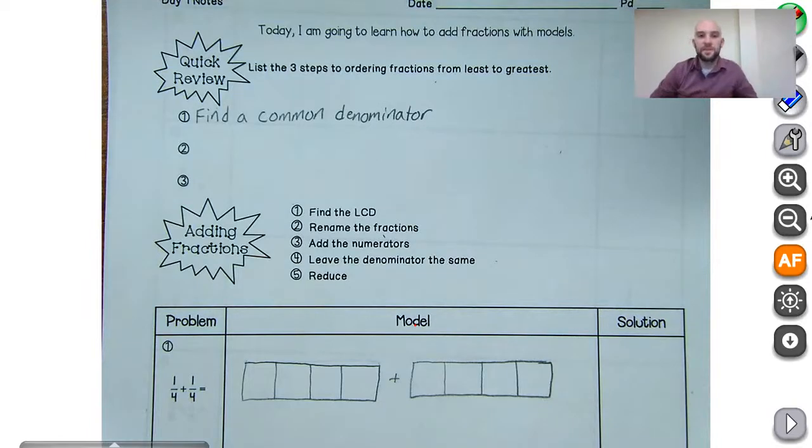And we want to find a common denominator first because when we're comparing fractions, it makes it easier. Then we can just look to the numerator and we can compare our numerators.